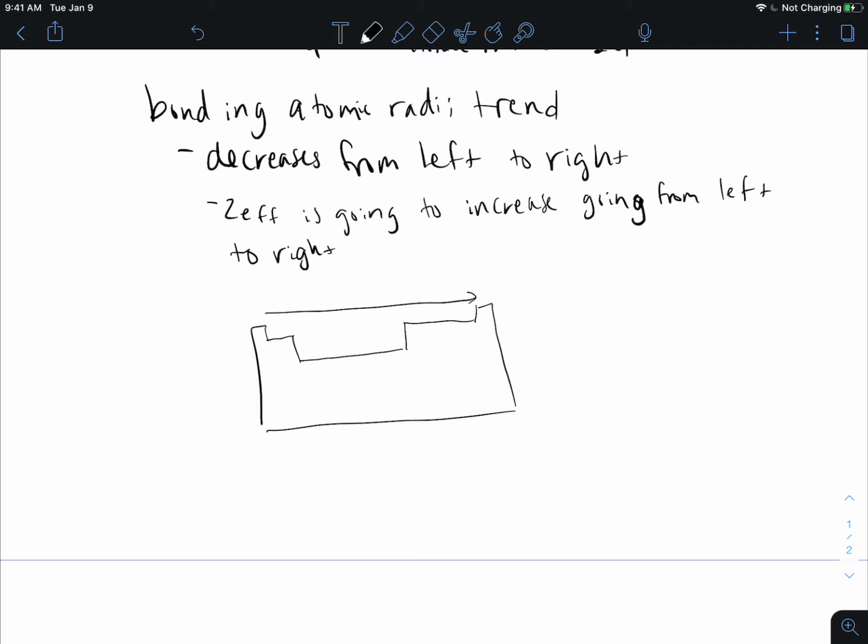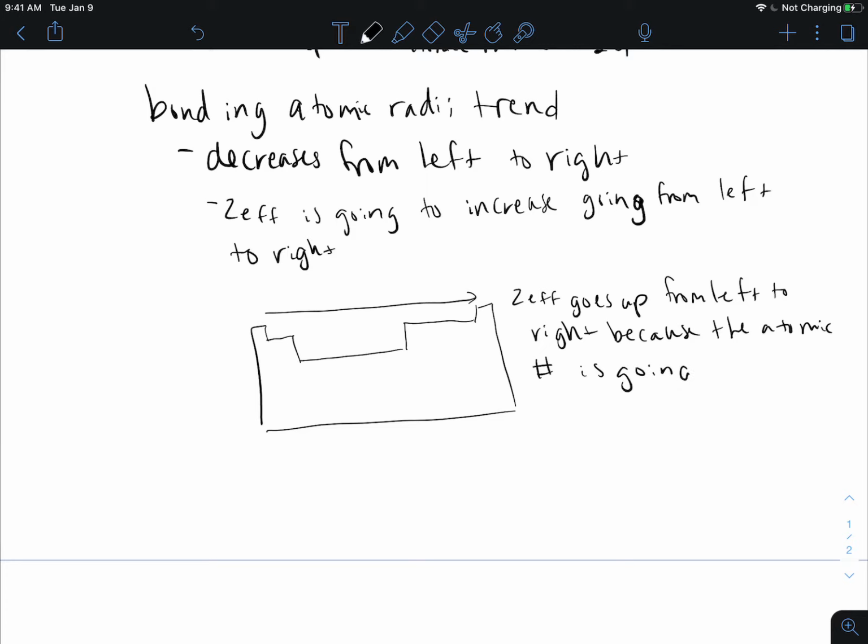The reason is that we are getting more and more protons in our nucleus, but we're not getting any more core electrons. So our Z effective goes up from left to right because the atomic number, our number of protons, is going up, but the number of core electrons is not going up.